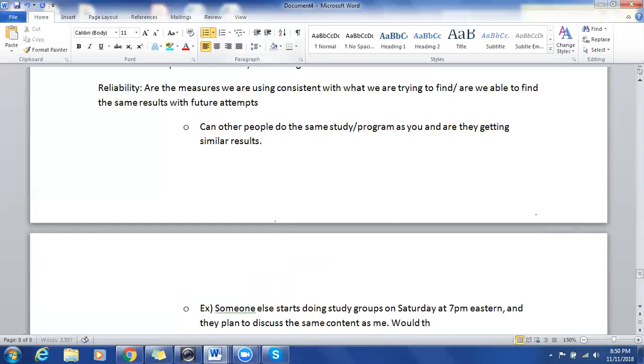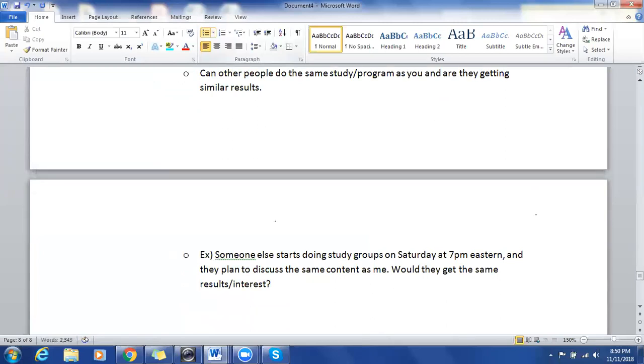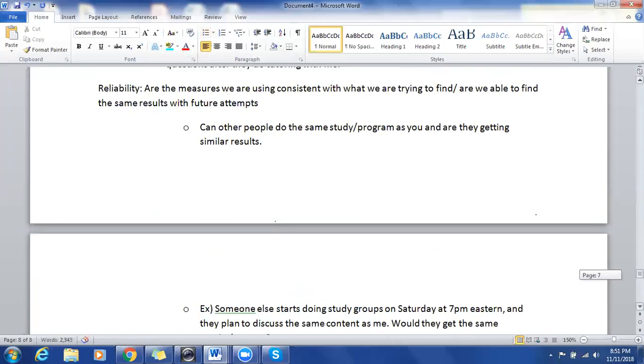Would they get the same results / interest? If so, that means what I'm doing is reliable. If not, then we have to consider, is their style different than mine? Or is it the actual study that I'm saying is reliable or not?